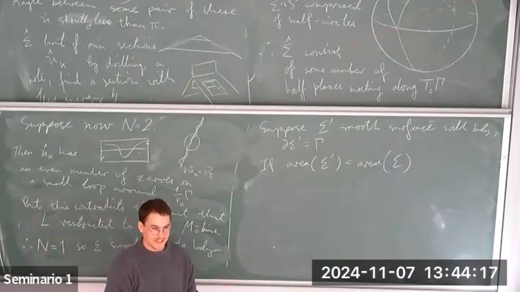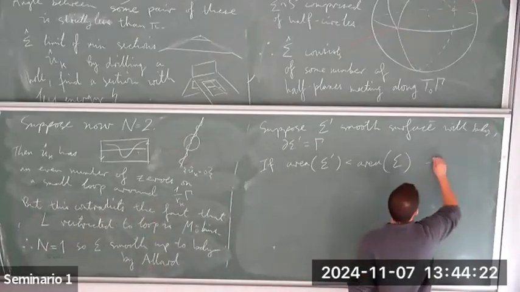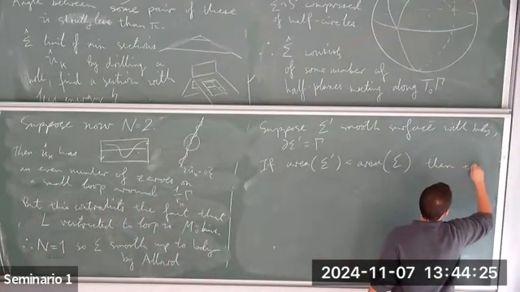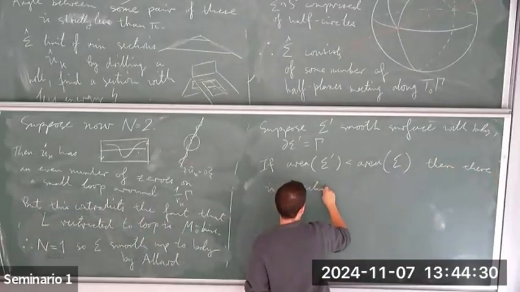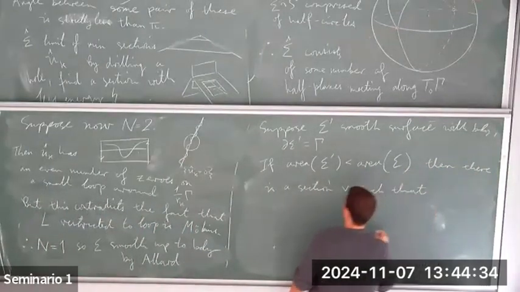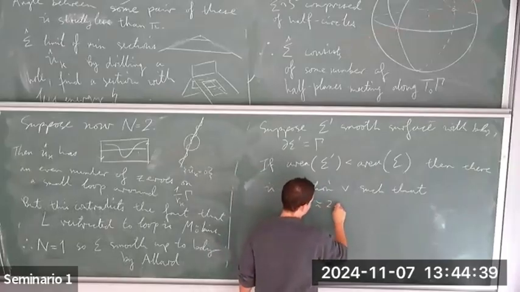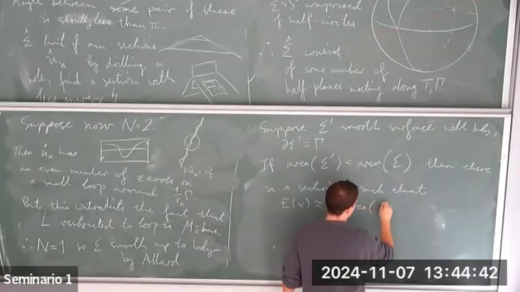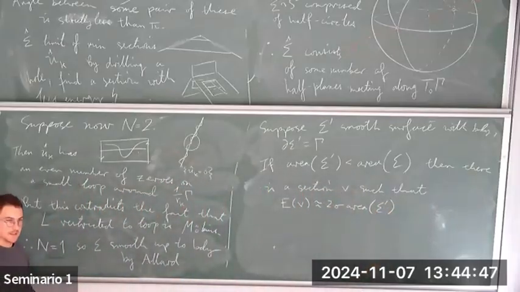Well, all we need to do is find a section whose energy approximates the area of sigma prime. I already explained how to do this in the beginning by passing through the double cover and doing a one-dimensional solution composed with a distance function.